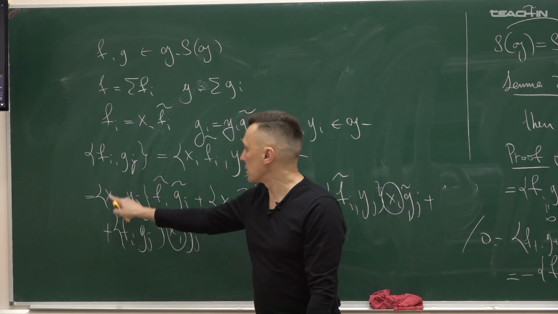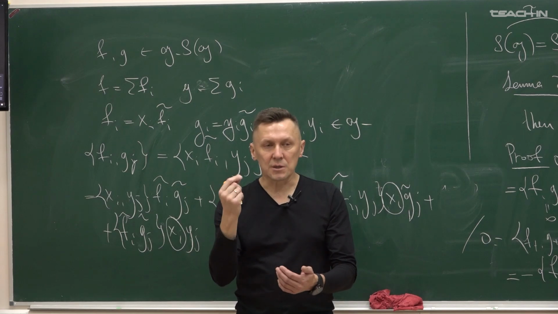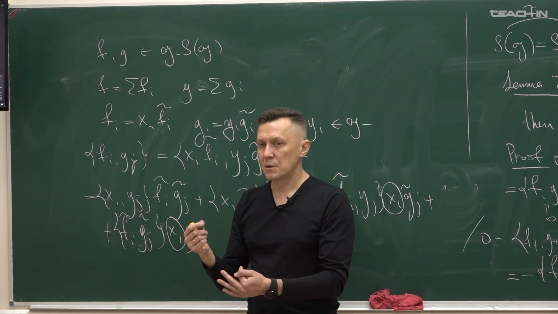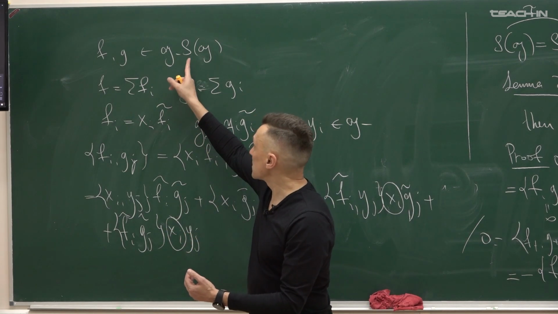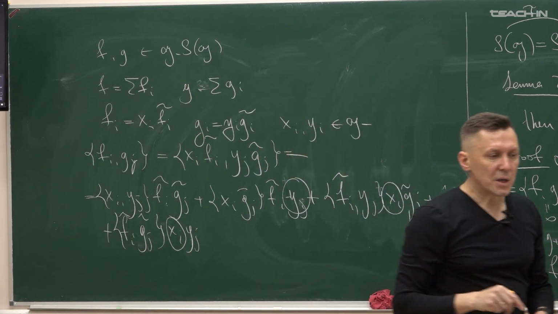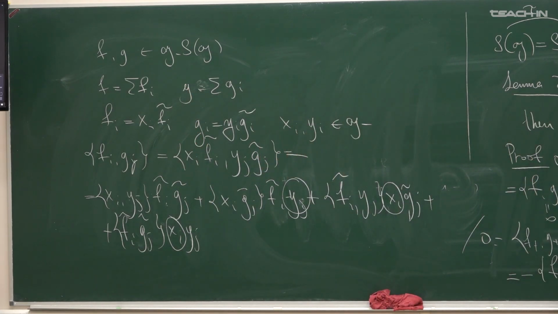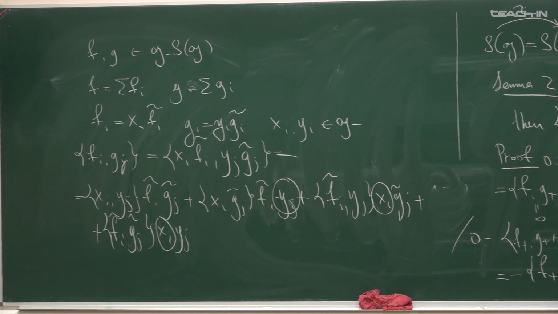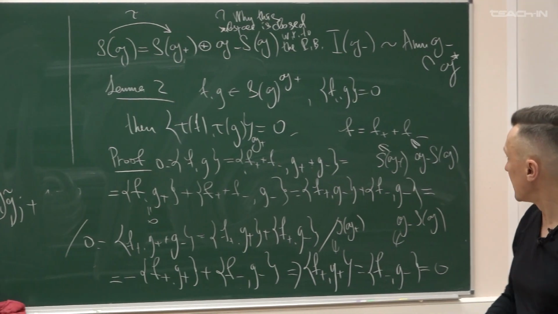So this monomial also contains a generator of G minus. So this monomial is also from this subspace. So this subspace is closed with respect to the Poisson structure, and by this consideration we obtain the lemma.